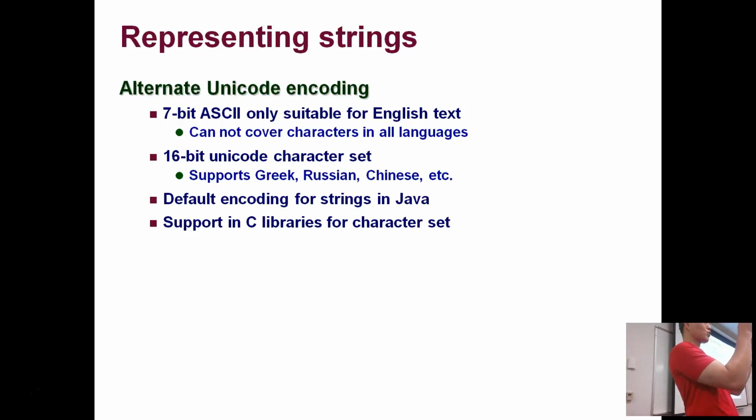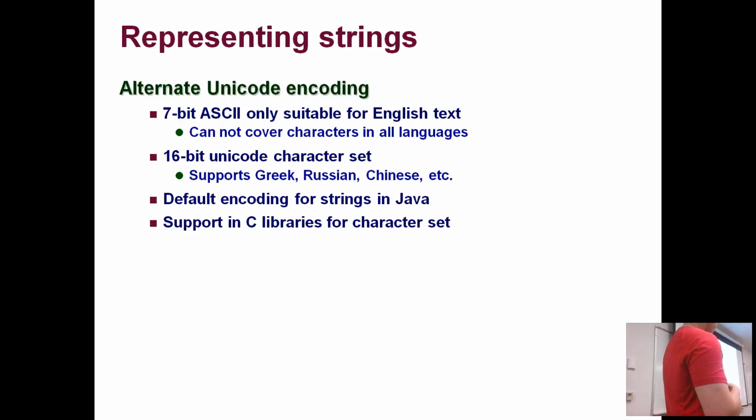So now all these strings in Python force you to do a dot encode and force you to select, well, what do you want? ASCII? Unicode? EBCDIC? It's a pain in the neck, but we have to have that in order to support other character sets. Okay, so the default encoding for strings in Java is now the 16-bit Unicode, but it also supports the other character sets as well.